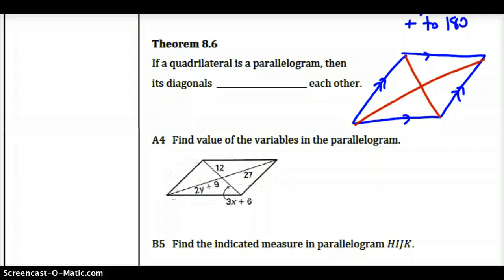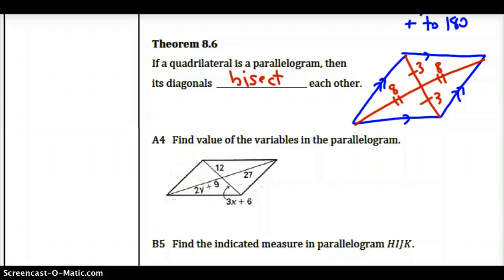We get bisecting diagonals. Now we can see the diagonals are not the same length, and they may or may not form a right angle, but we do know that they bisect each other, which means they split each other in half. So if this was 8, this would be 8. If this is 3, then this would be 3. That's an example of bisecting.